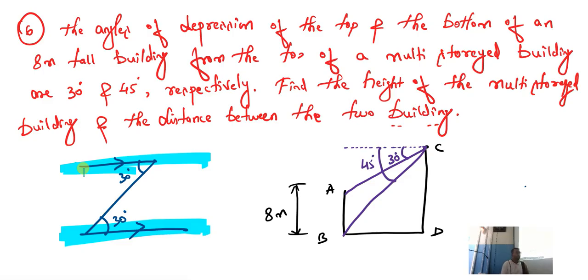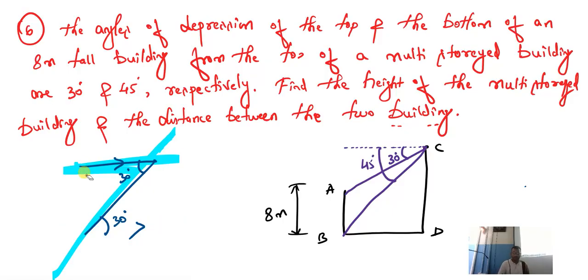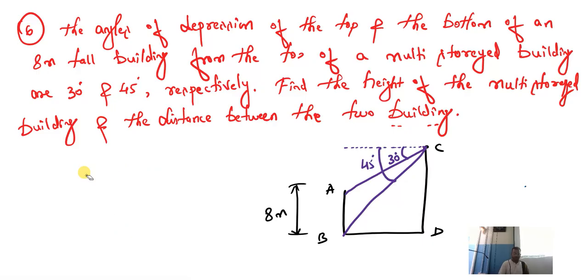I hope you have studied this in your 9th standard. When two lines are parallel lines and we draw a transversal, what happens? What angle do we have here?